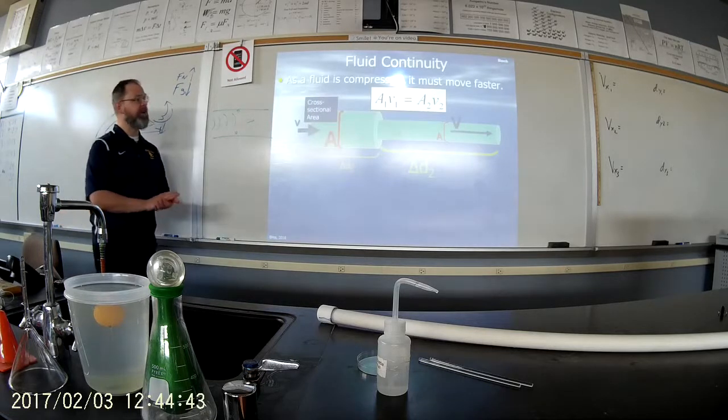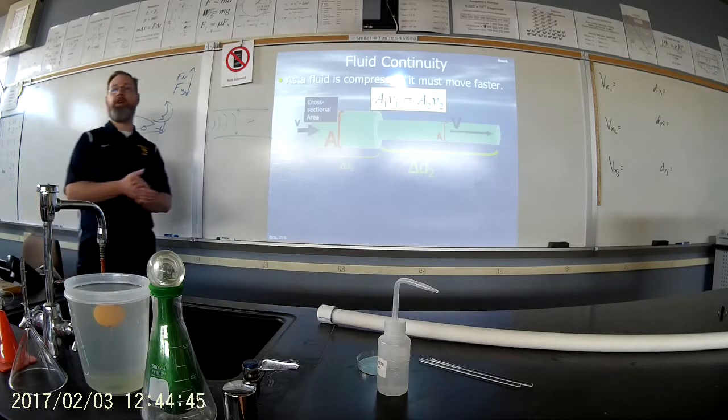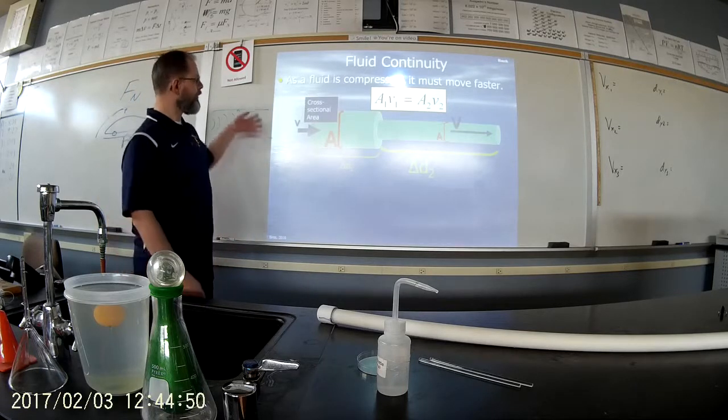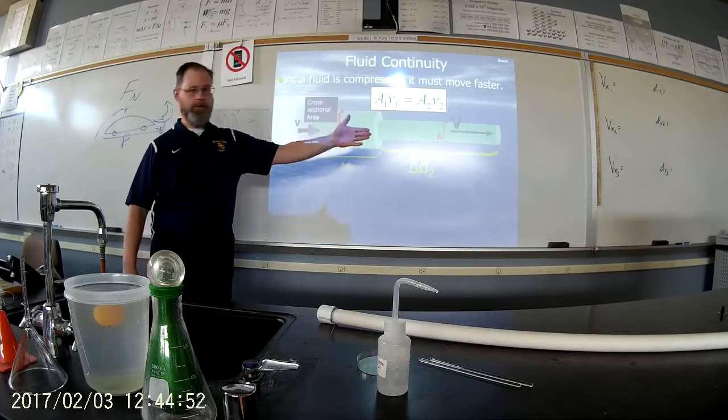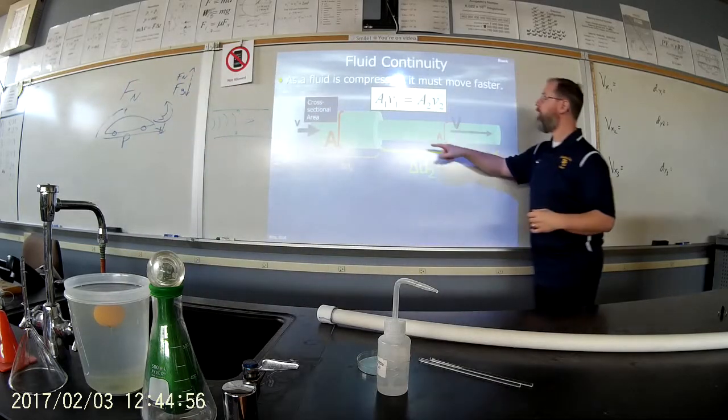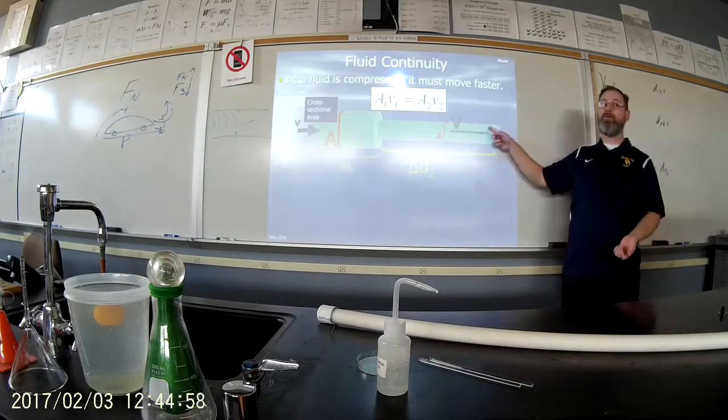And this is usually the diagram that is represented as continuity. So fluids going in, fluids coming out. If we reduce the cross-sectional area, then the fluid has to move faster.